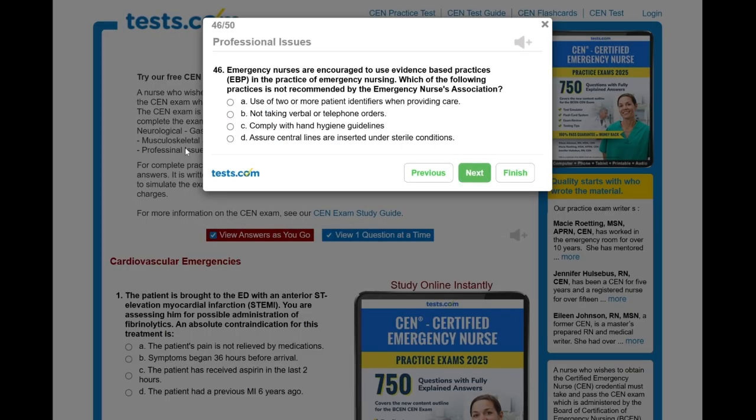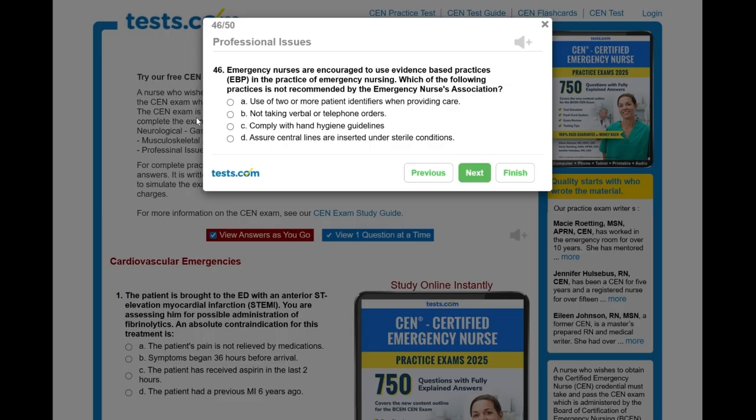Question 46. Emergency nurses are encouraged to use evidence-based practices, EBP, in the practice of emergency nursing. Which of the following practices is not recommended by the Emergency Nurses Association? A. Use of 2 or more patient identifiers when providing care. B. Not taking verbal or telephone orders. C. Comply with hand hygiene guidelines.